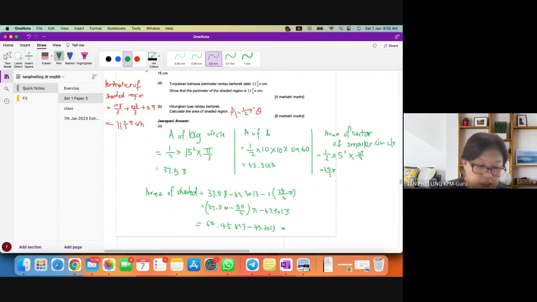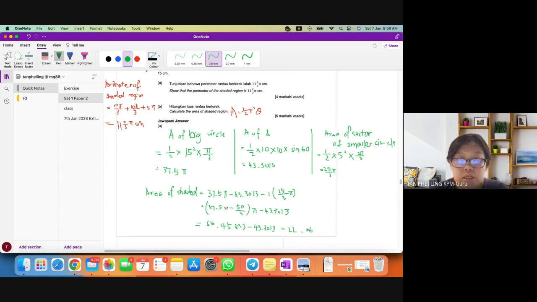So I take this answer minus my 43.3013. So I would have 22.157, right, which I can round off to 22.16, because 2 decimal places and 4 significant figures. So I will put 22.16.